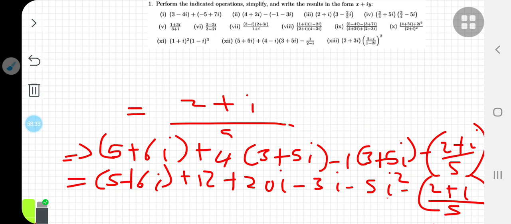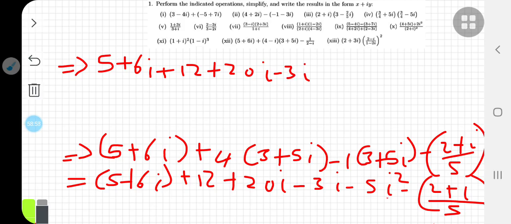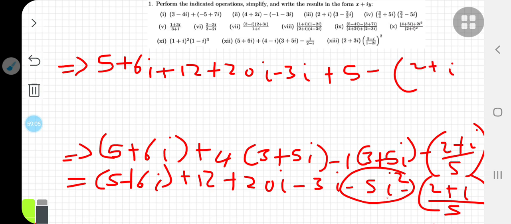So these things are simple. So from here, I'm having 5 plus 6i there, plus 12 plus 20i minus 3i, and now this part just becomes plus 5, minus 2 plus i over 5.